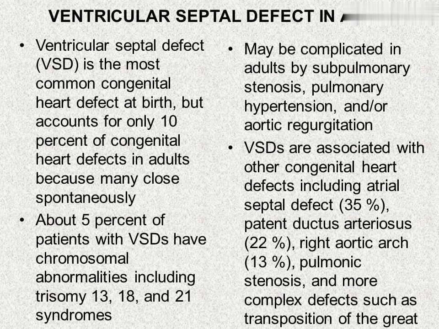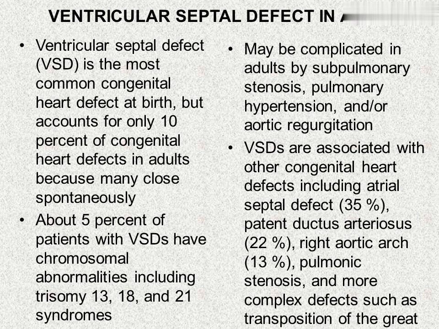About 5% of patients with VSDs have chromosomal abnormalities including trisomy 13, 18, and 21 syndromes. VSDs are of various sizes and locations, can be single or multiple, and may be complicated in adults by subpulmonary stenosis, pulmonary hypertension, and/or aortic regurgitation.